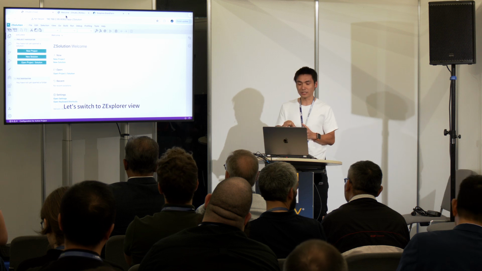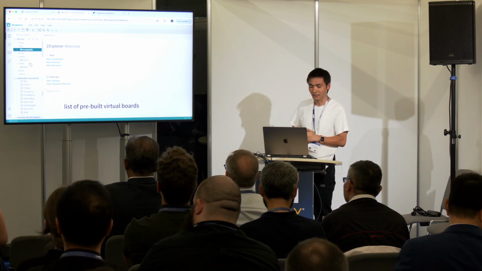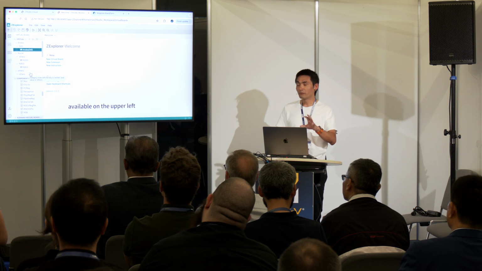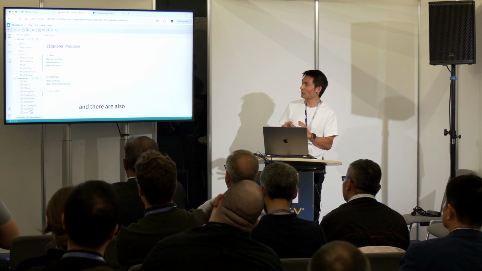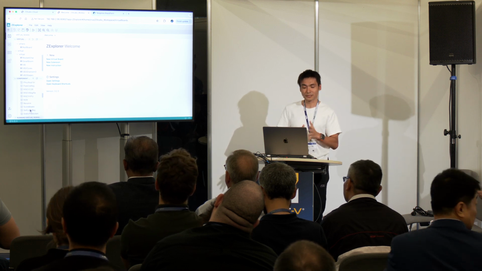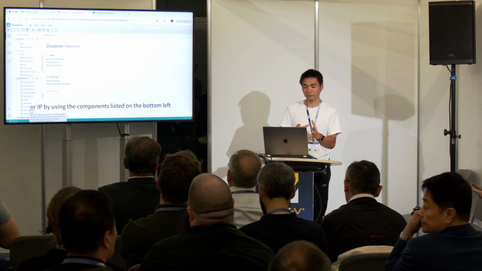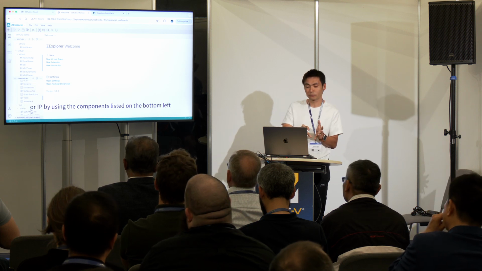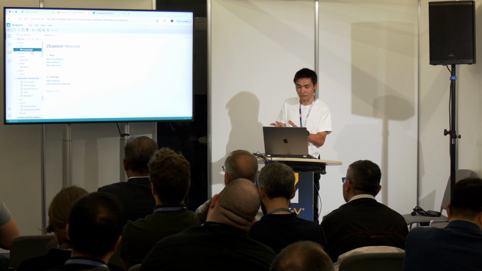Here we go. This is our IDE in a browser. You can see we have a list of virtual IP there, and we also have lots of components in the left bottom side. So you can build a virtual SoC by dragging and dropping those virtual components into a GUI interface.